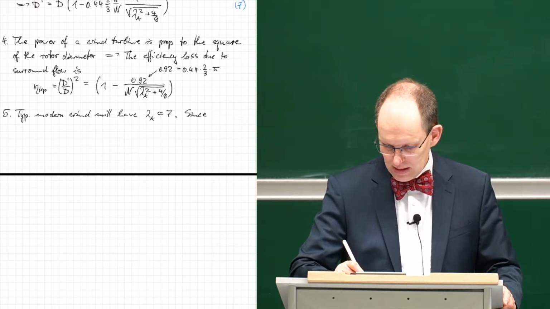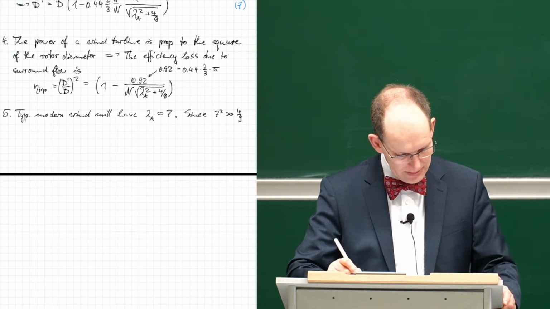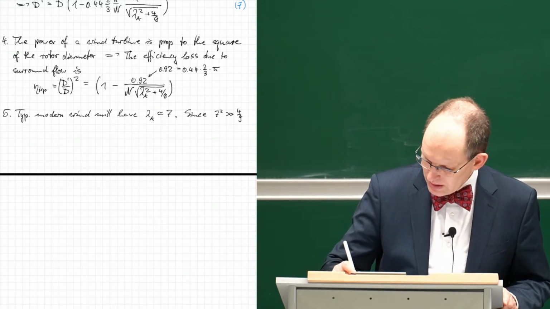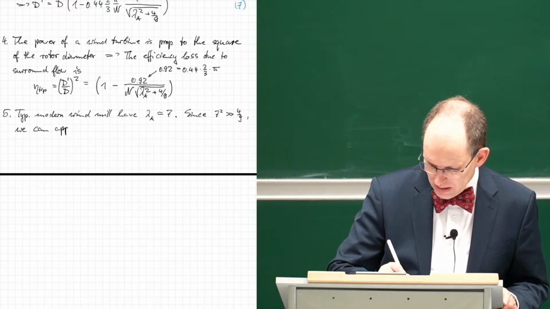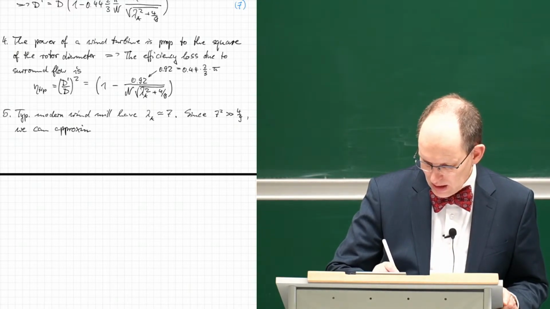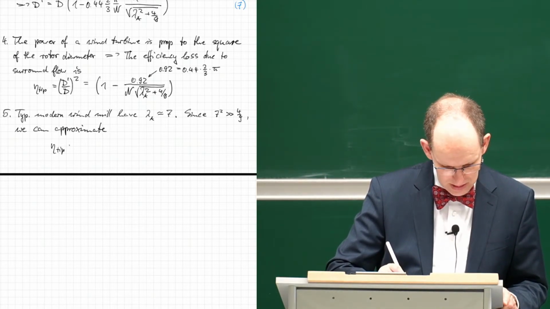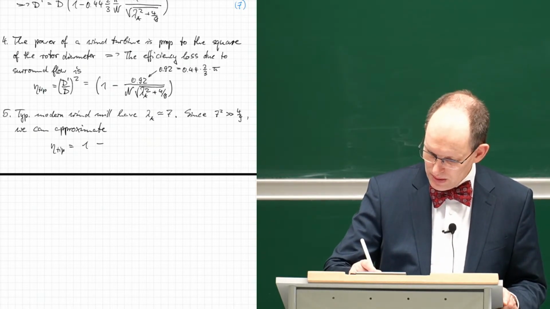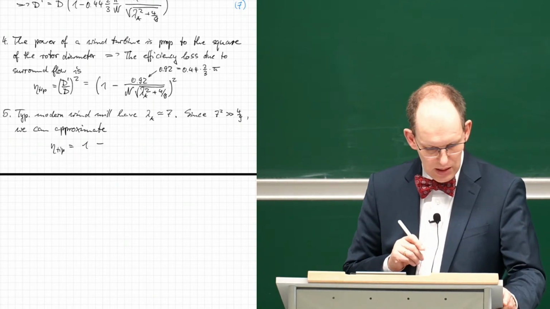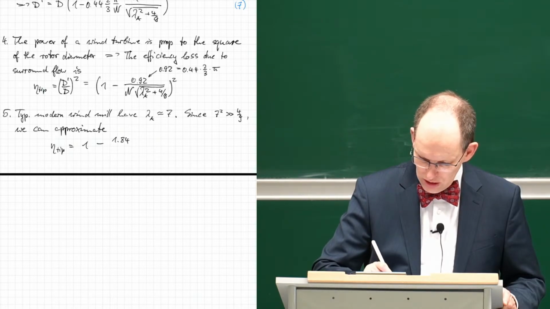Since 7 squared is much larger than 4 over 9, we can approximate eta tip is equal to 1 minus, oh, I forgot a square, I realize. 1 minus 1.84.